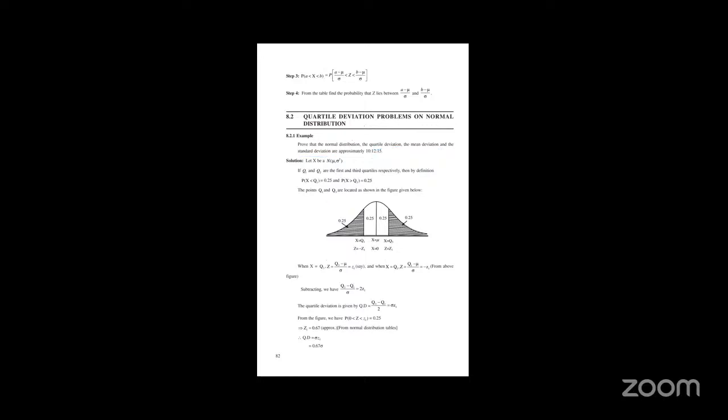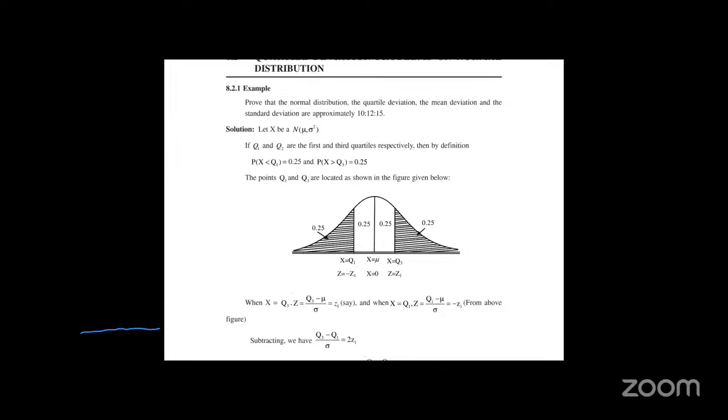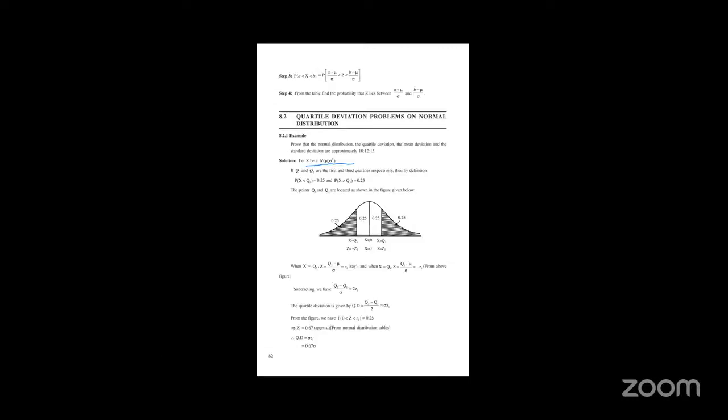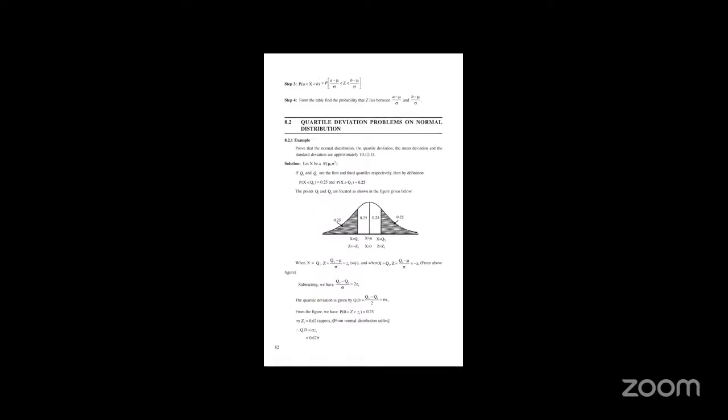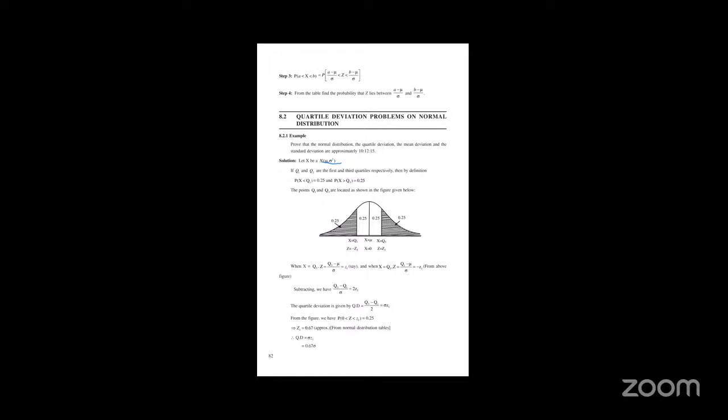Okay, we'll do it. First, we assume X is any random variate following the normal distribution with parameters mu and sigma square.